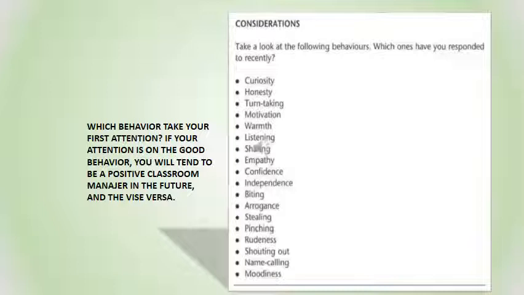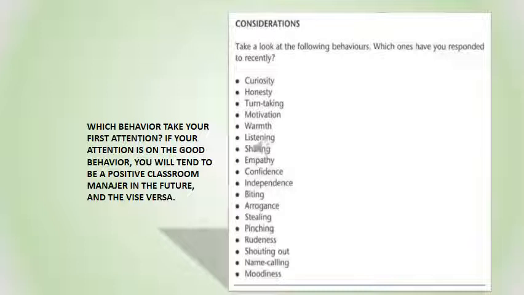Okay, finally, please take a look at this list of behavior and consider which one of the behaviors here takes your attention more. If you give your attention more to the positive behavior, then you will be a positive classroom manager in the future.